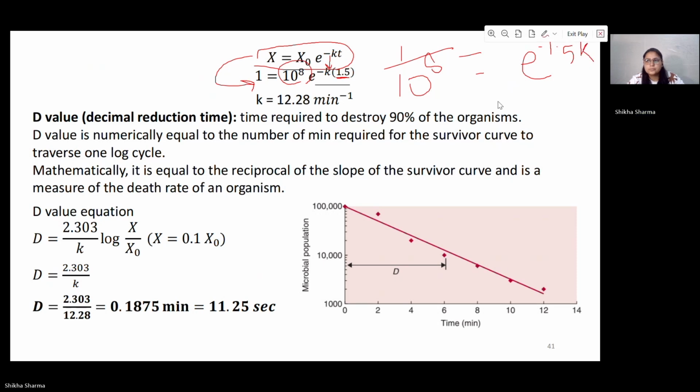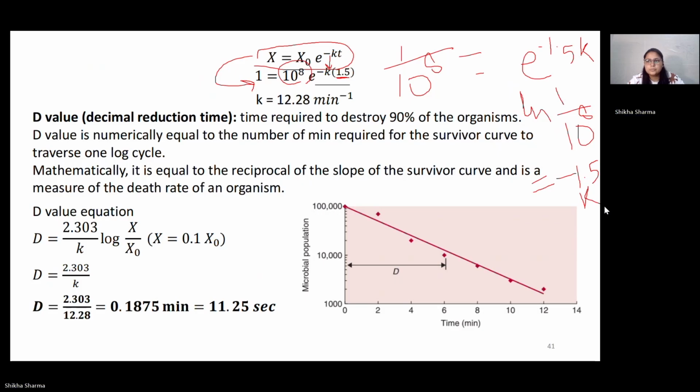Right. So when we take ln on both sides, it will be ln 1 by 10 to the power 8 equals minus 1.5 k.